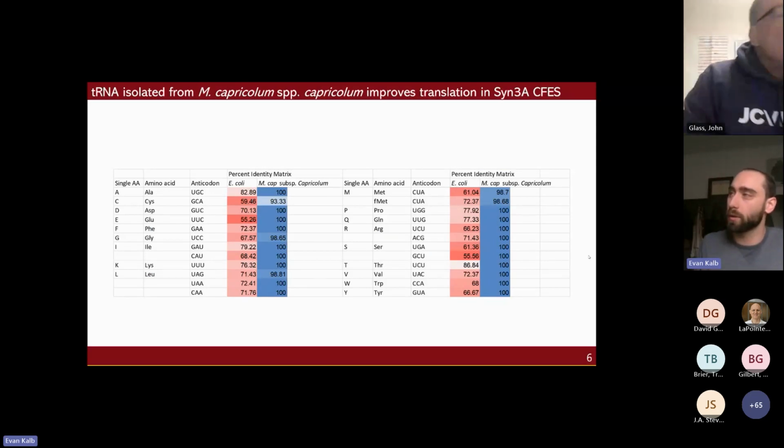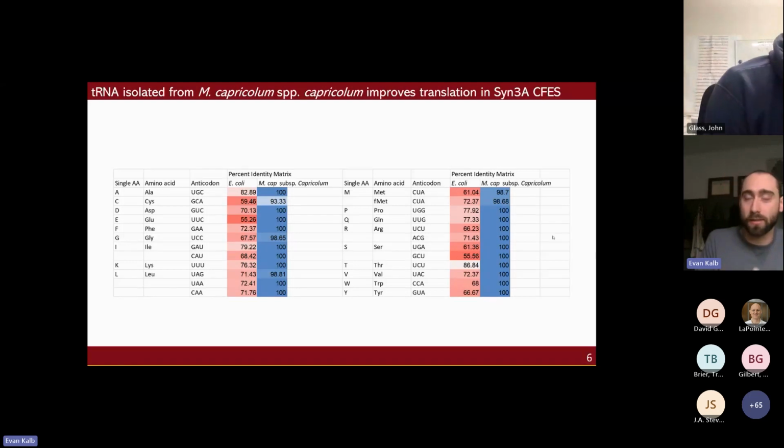When you compare the percent identity matrix of the tRNAs of JCVI Syn3A and compare them to MCAP, they're nearly identical. They're both roughly 30 tRNA genes. Compare that to E. coli that has 46, and as a gamma proteobacter, has different identity elements and can become not a very useful substrate for that kind of cell-free translation system.